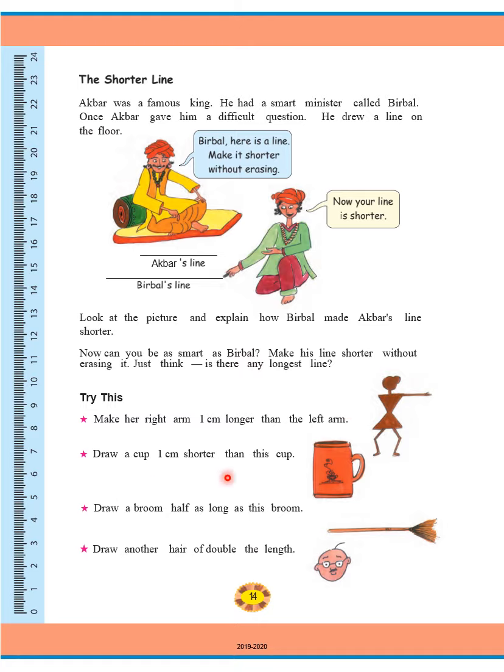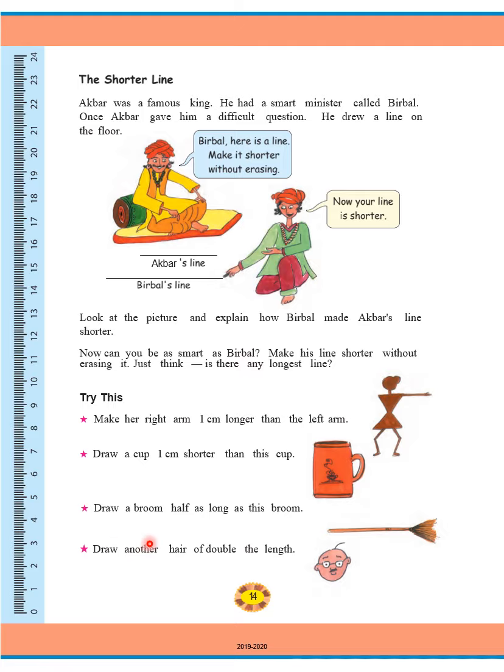Draw a cup 1 centimeter shorter than this cup. The length of this cup is around 2 centimeter. And we have to draw another cup which is 1 centimeter shorter. So we will subtract 1 from 2. So another cup is 1 centimeter in length.